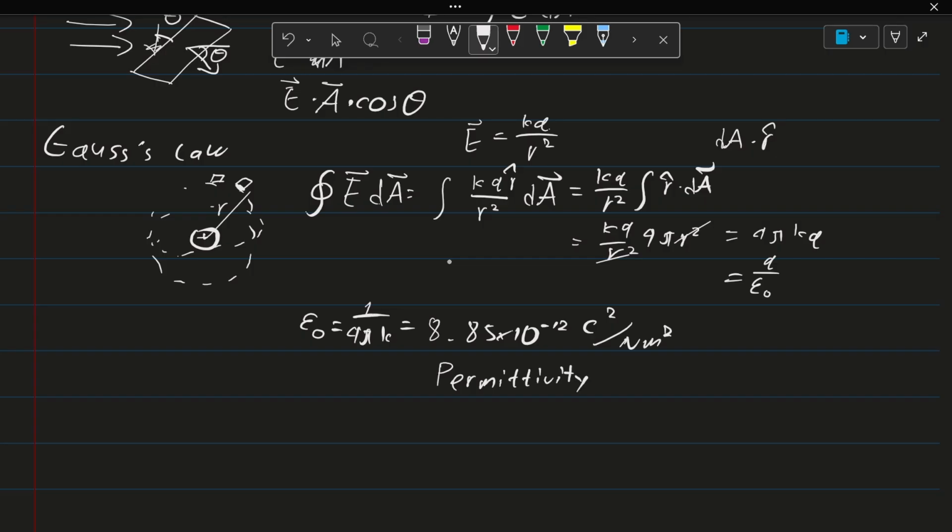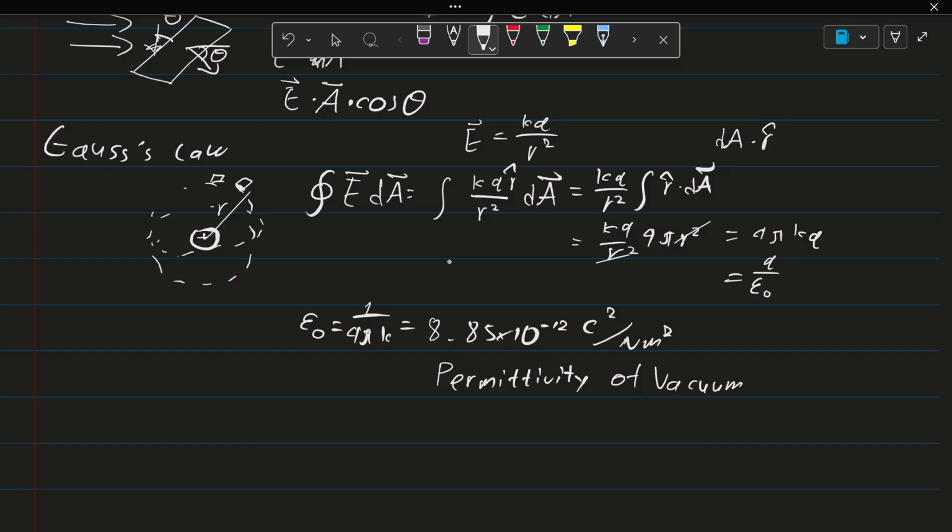And why is that? If you put a material in an electric field, it might react a little bit to cause a different permittivity. It could go even lower than this permittivity of vacuum. So this is very specific: it is the permittivity of vacuum.